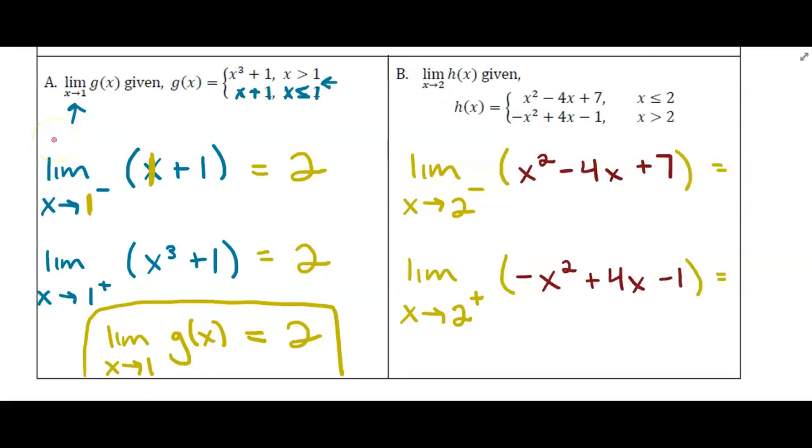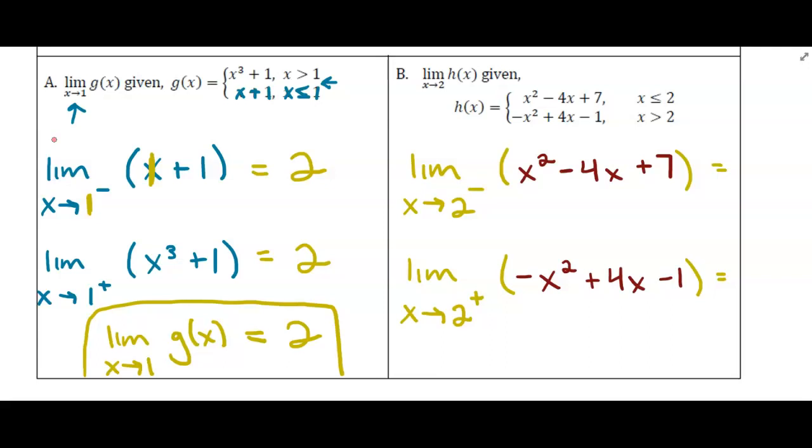Yeah, as I'm looking for x values that are less than 2, that are to the left of 2, that means I'm looking at this top piece of my piecewise function. And I've written that here. And therefore, as x approaches 2 from the right, I'm going to use the other piece of my piecewise function.